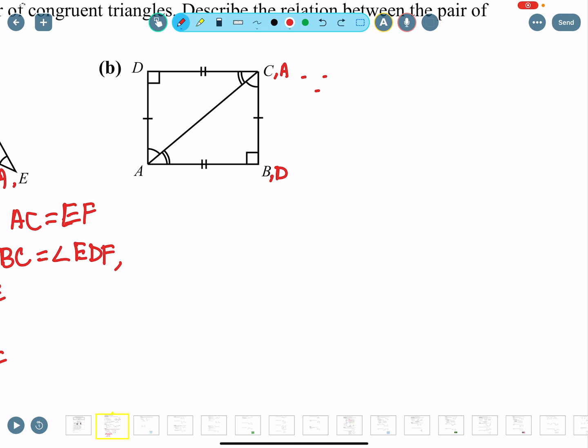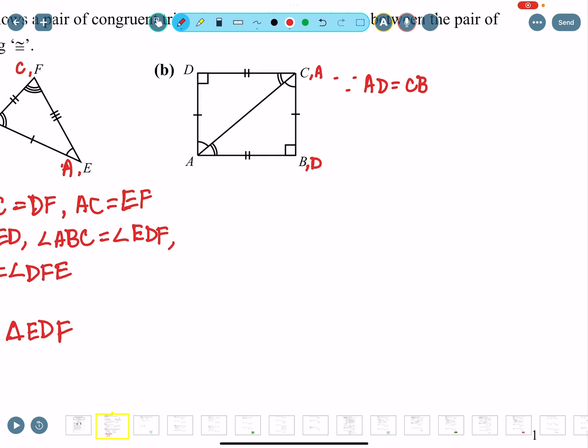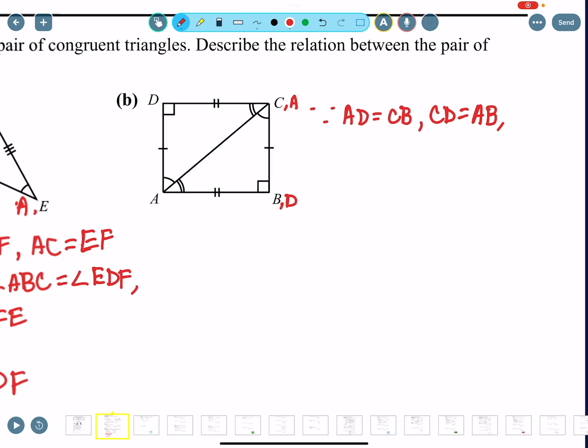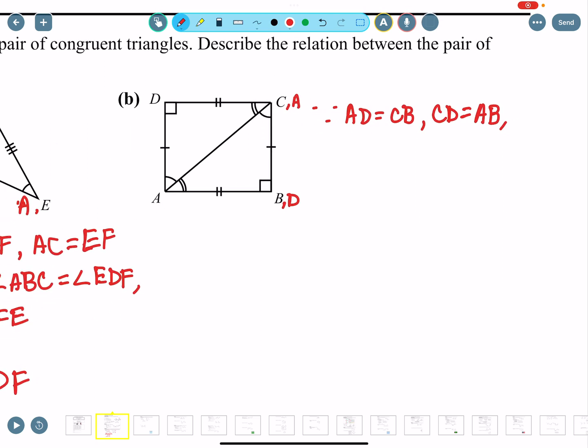Let's handle the sides first. AD equals CB, and then double sides, so CD equals AB, and then AC equals AC.